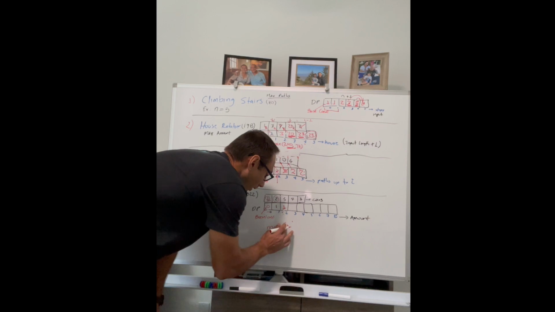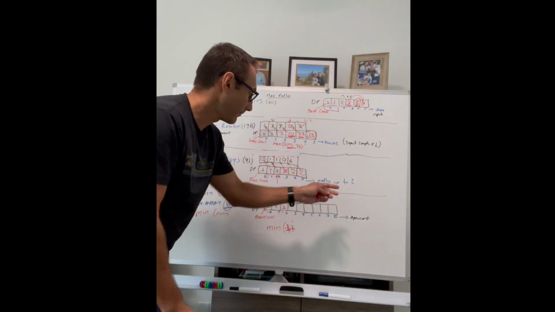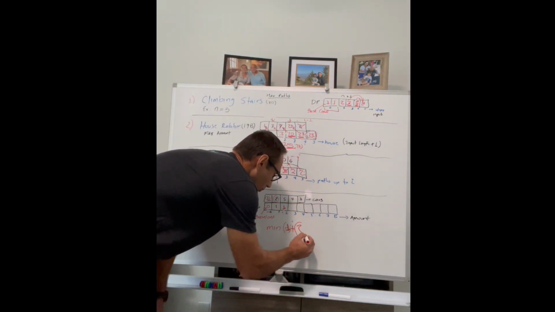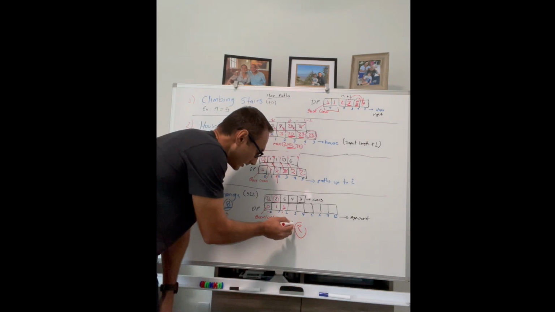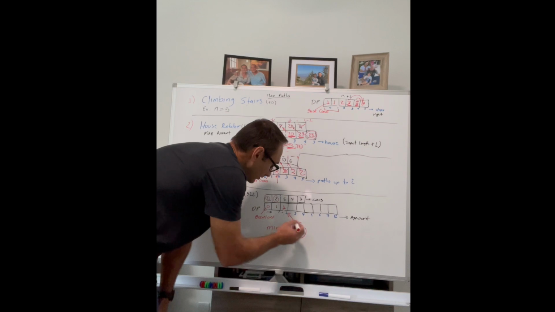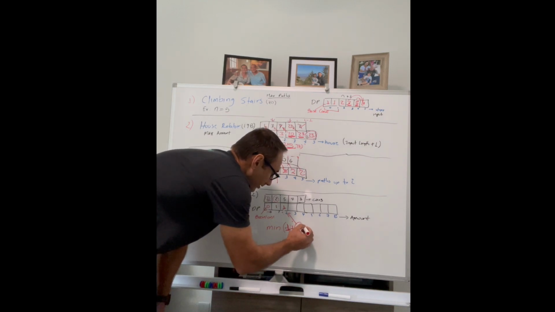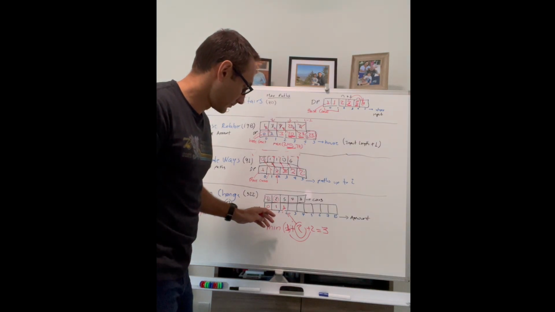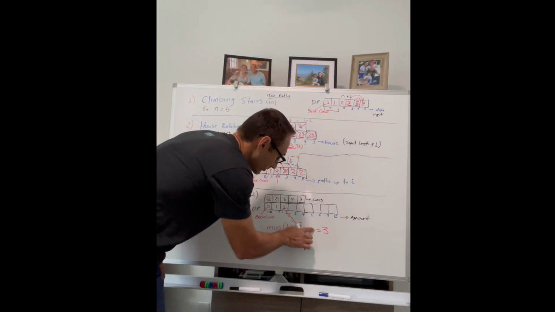If I get $1, how much do I have left to get to 3? 2. Do we know the solution for 2? Yes, it's here, right? Sorry, this is 1.